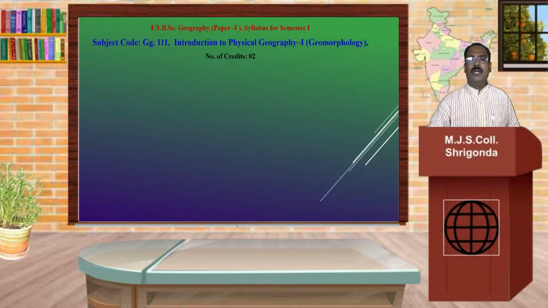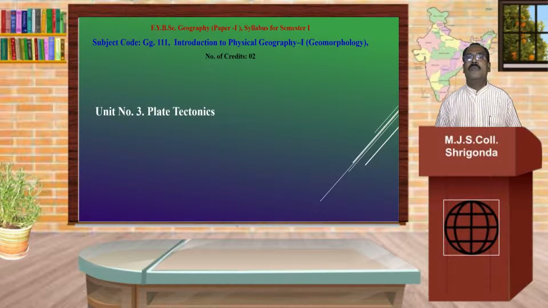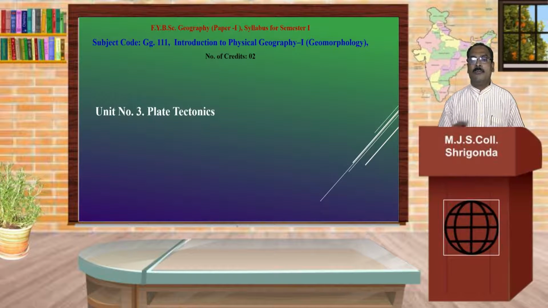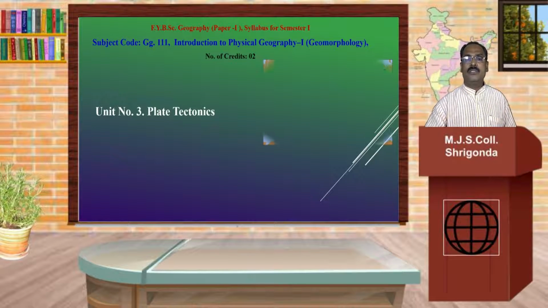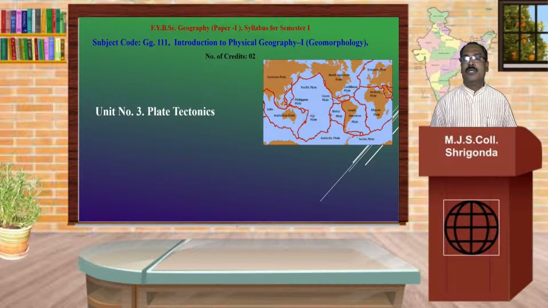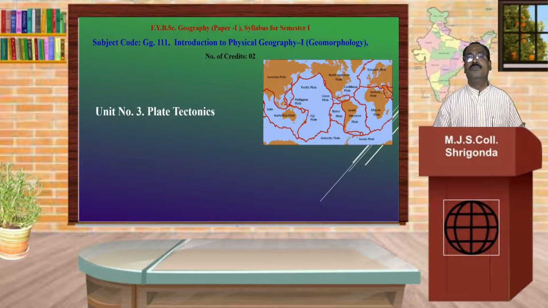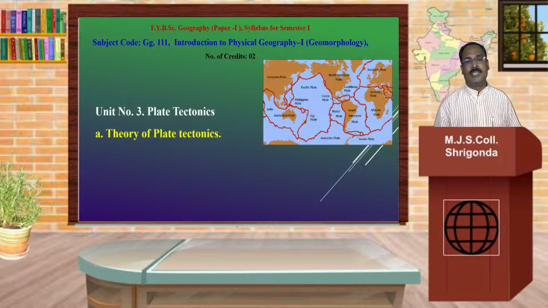Okay. Now unit number 3, plate tectonics. In this chapter the various types of plates, which diverge and move from one place to another, are studied in only 3 points.